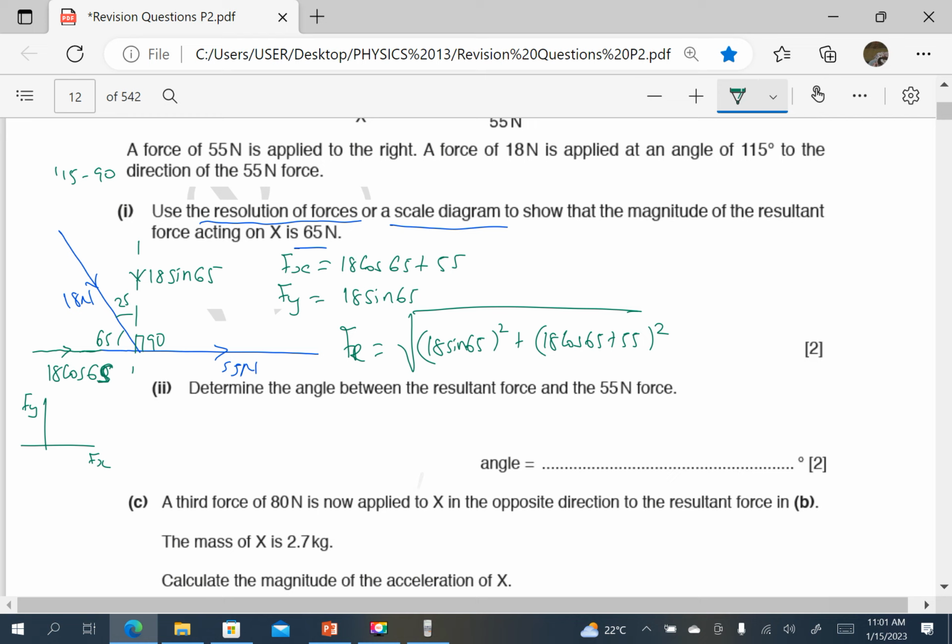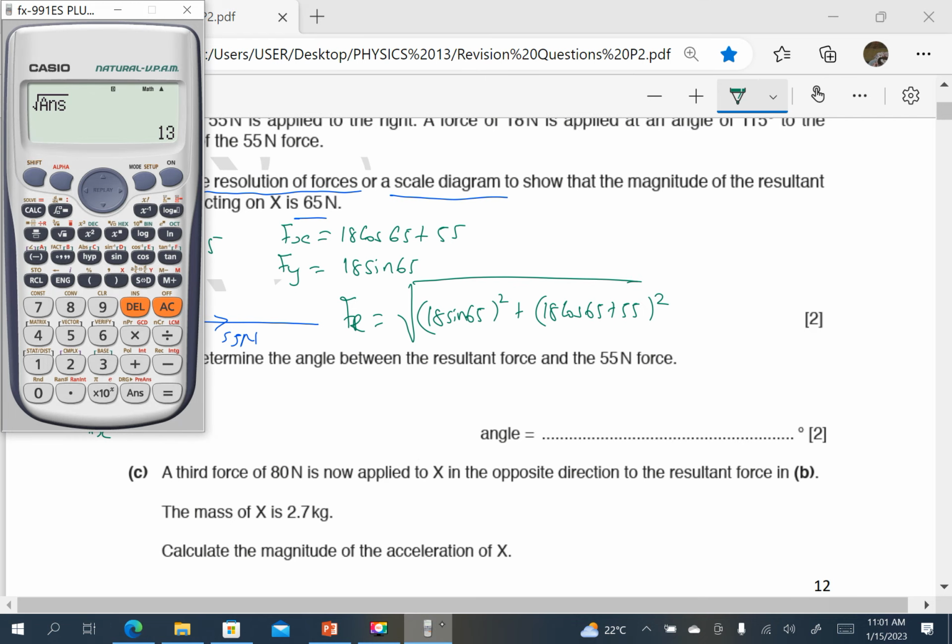So I will press my calculator. I'll say square root of open brackets, open another bracket, 18 sine 65, squared, plus, open another bracket, 18 cos 65 plus 55, close that bracket, squared, and then I close the outer bracket.